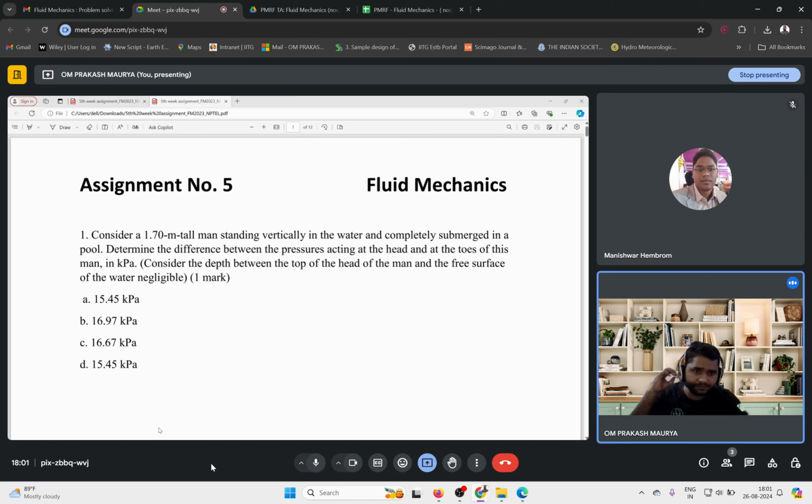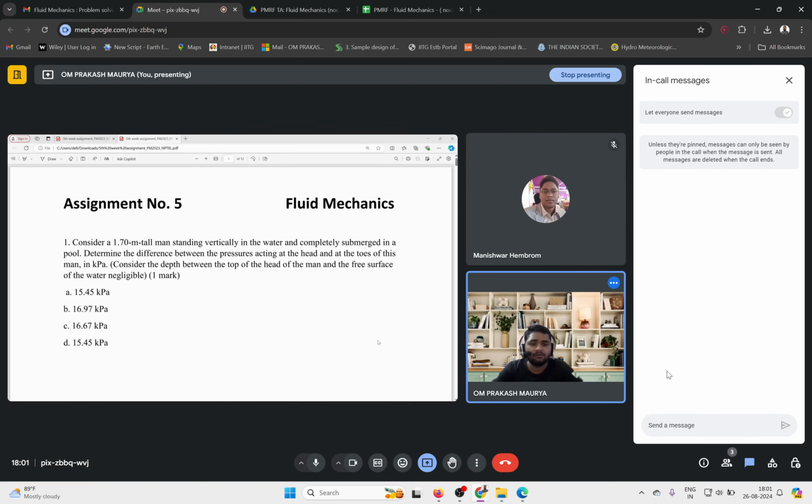Hello, am I audible? Please, Manishwa, confirm just once. Or you can write in the chat box whether I am audible or not, or the slide is visible or not.